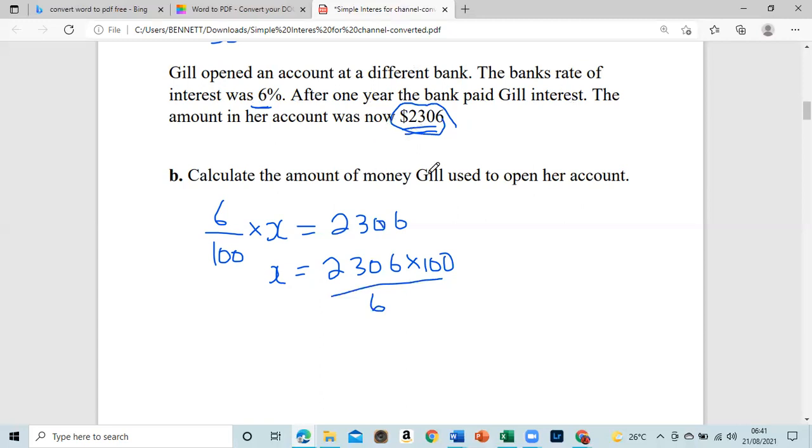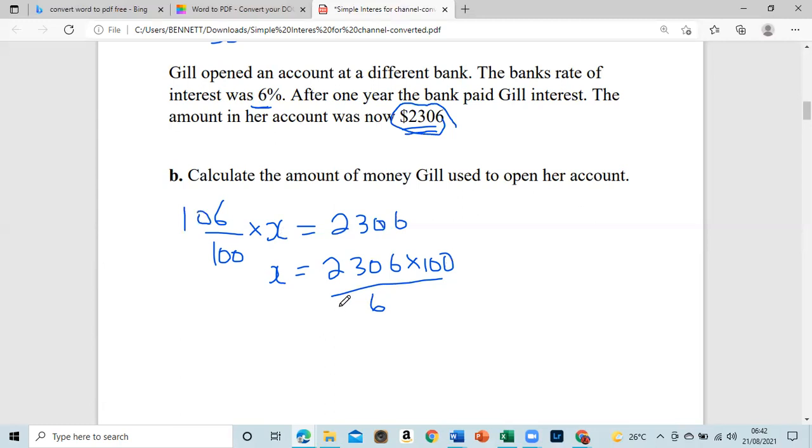The amount of money you used to open your account. So this represents 106%, because after this 6% is added.